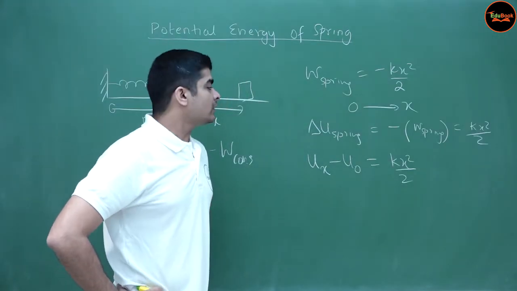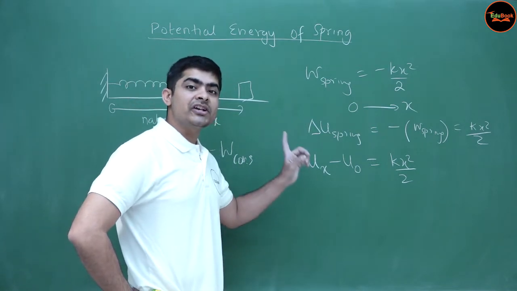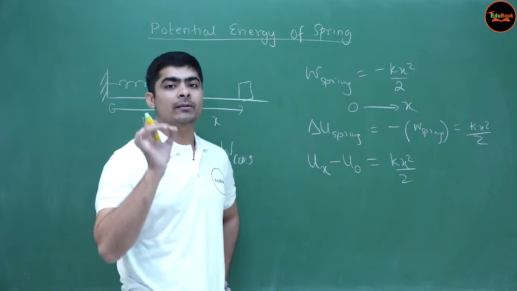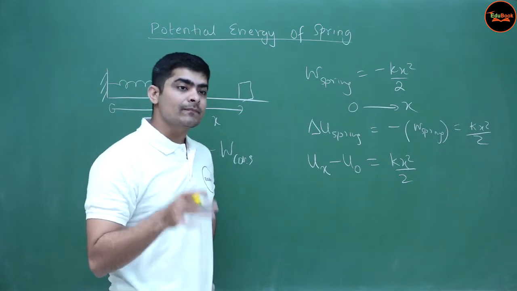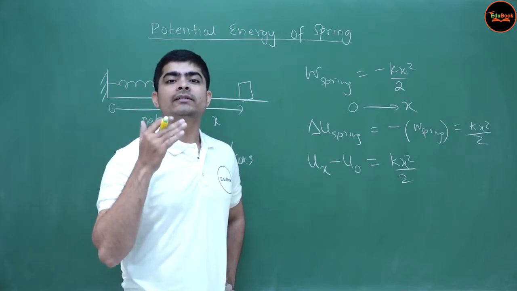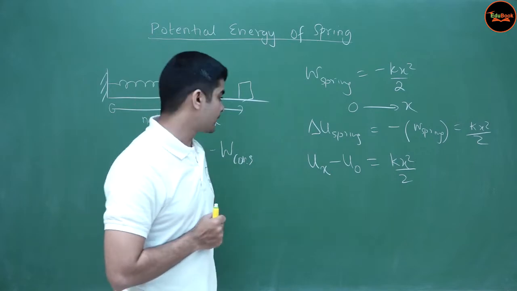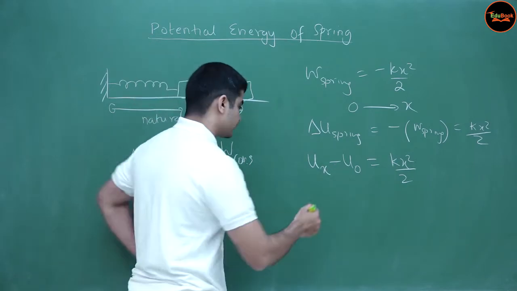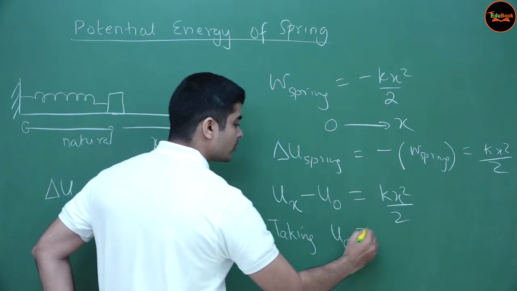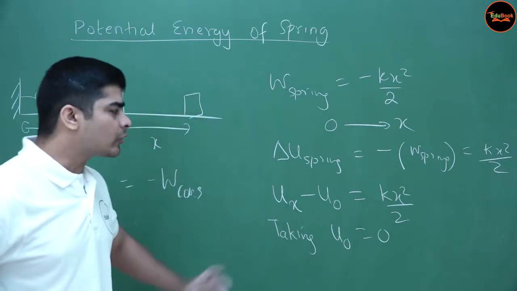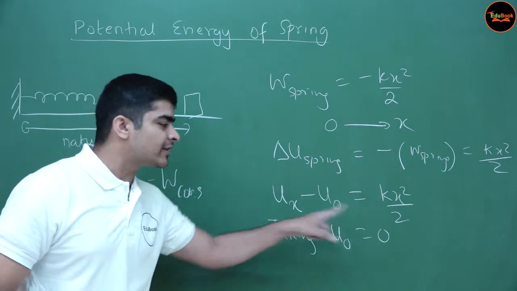Now the interesting thing about potential energy is that we are always interested in the change in potential energy. We don't care about the actual value of potential energy. So we could take any point as the reference, any point as zero potential energy. In this case, taking U0 equal to 0, we could take potential energy to be 0 anywhere, but in this case we are taking U0 equal to 0.